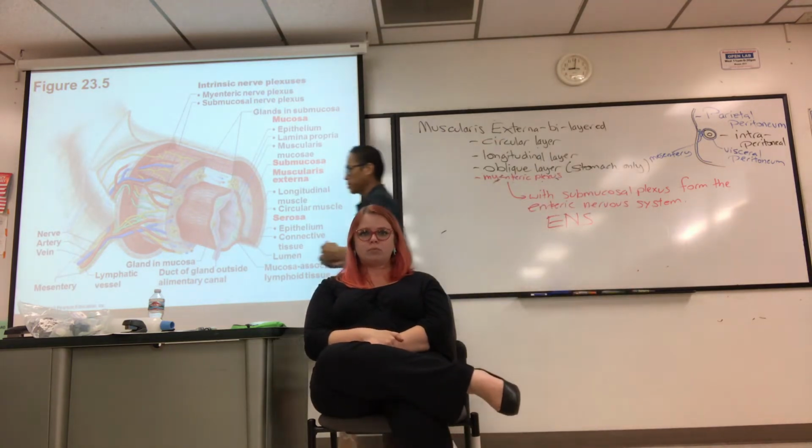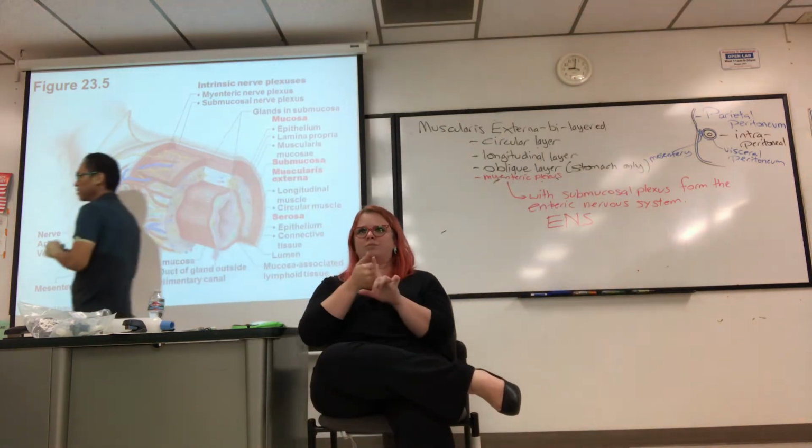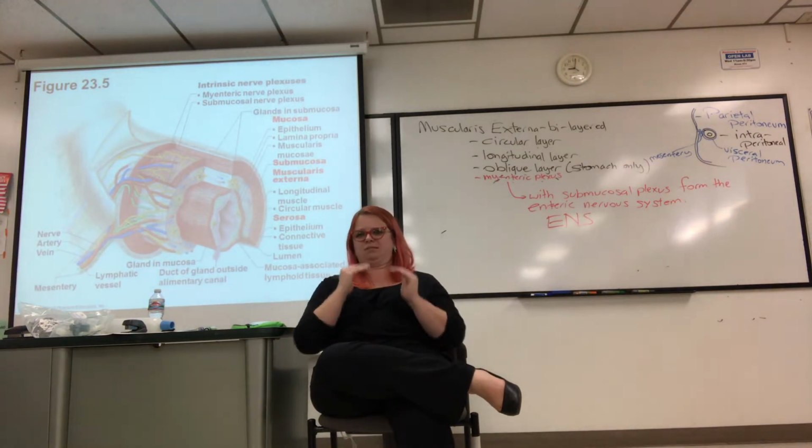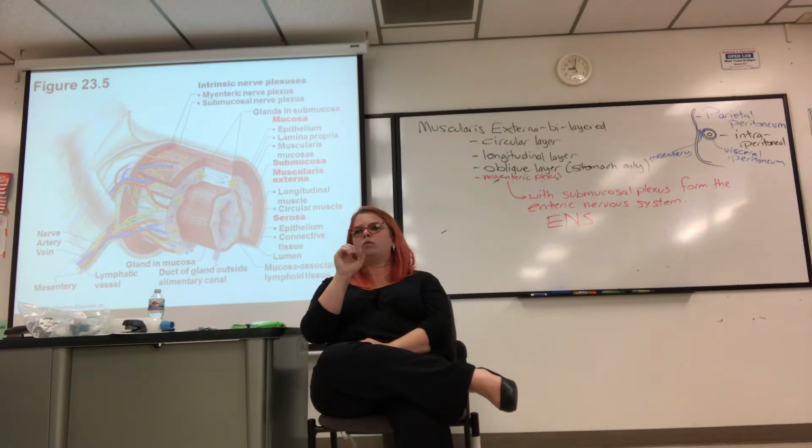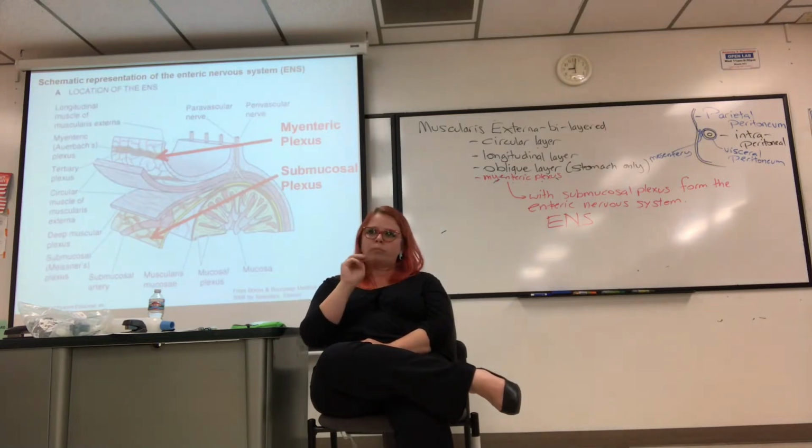It's one of the nervous systems that usually is not taught at this level. We teach autonomic nervous system, somatic nervous system. There's really no need to, but I'll at least give mention to it.